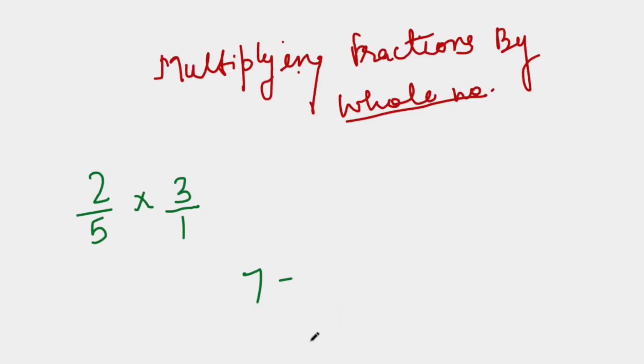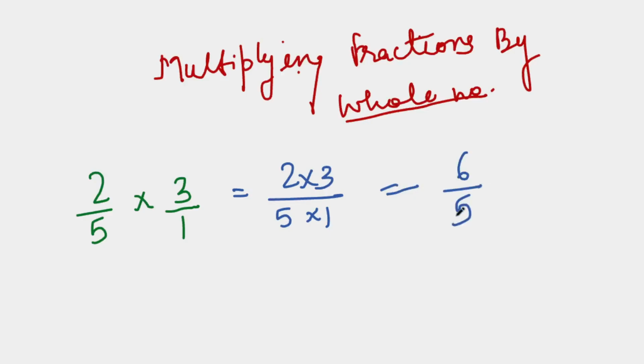It will not change anything. So now you write it like this. Now what do we have? We have two fractions, right? And we already learned how to multiply them. So step 1 says multiply the numerators. Step 2 says multiply the denominators. We see no common factors here. So the answer is 6 by 5.